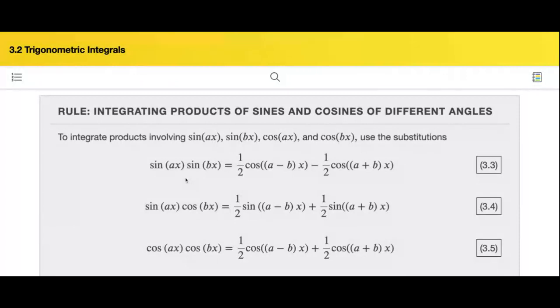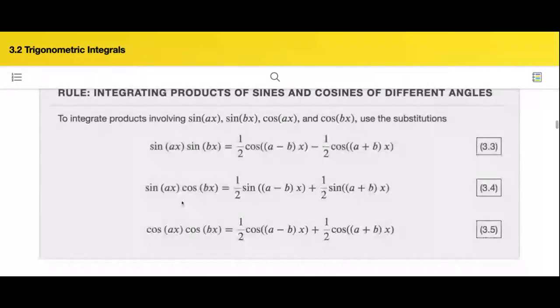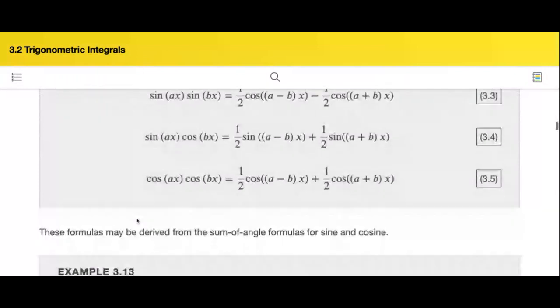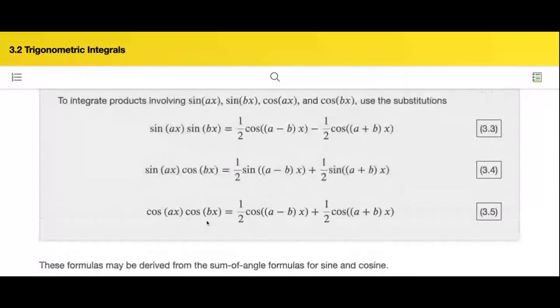We have this kind of substitution. Let's see, sine ax times sine bx is half of cosine of (a minus b)x minus half of cosine of (a plus b)x. For sine cosine, I have this. Wow, okay, I don't remember this. If you think you can remember this, try to remember it.